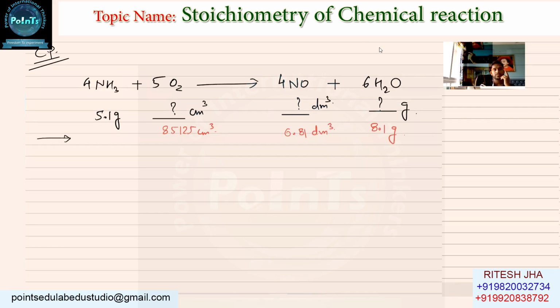So the decimal after 8512 is 0.5. And then it's 8.1, and NH3 is 0.3 mole. All of you got the same answer, is it? Yes.